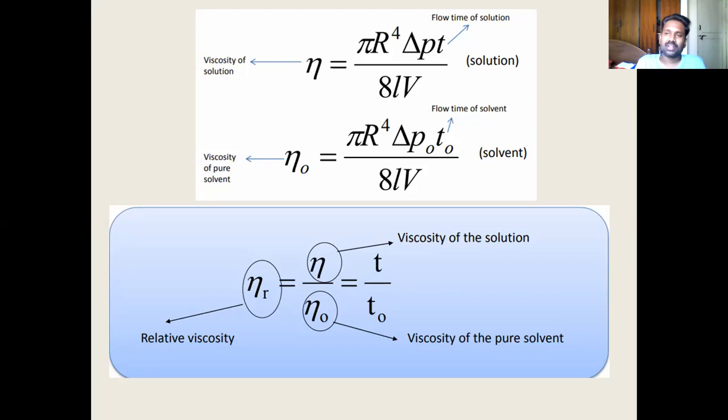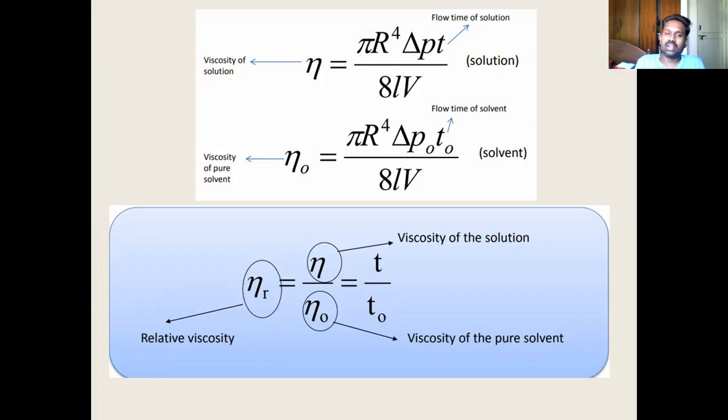Not required always. And even finding out absolute viscosity is difficult. So we work with a term called relative viscosity. And relative viscosity is nothing but the viscosity of the solution divided by the viscosity of the pure solvent.